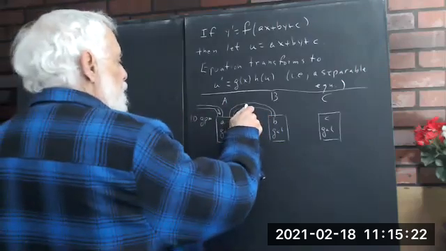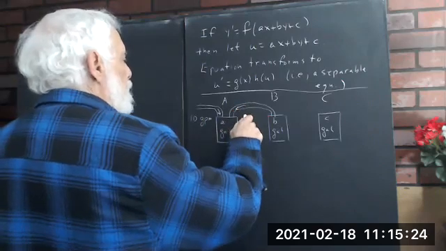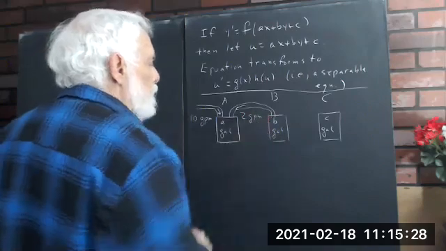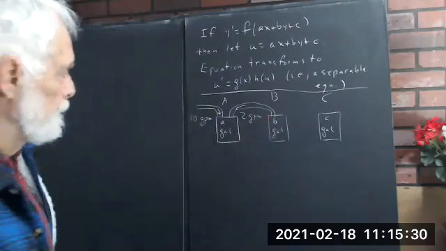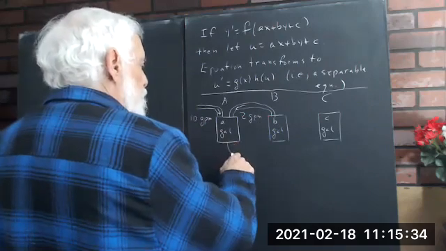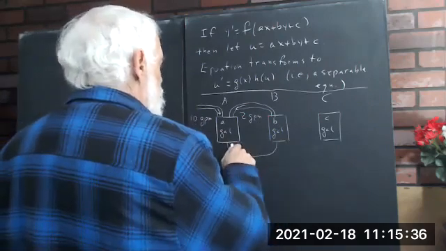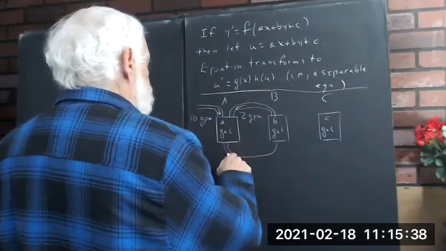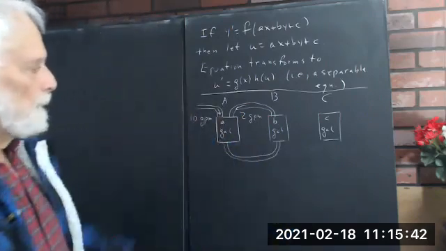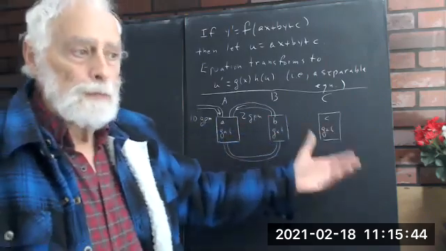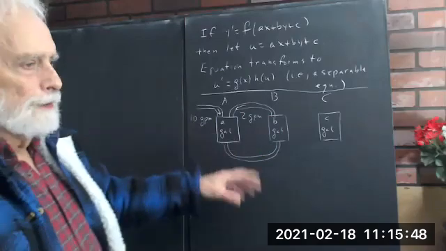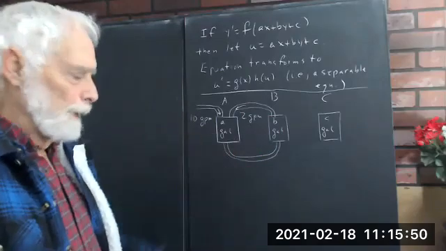From this tank, you're also pumping, let's say, 2 gallons per minute. Now we're going to keep this simple. We're going to assume all the tanks are full for right now. Now you have problems where not all the tanks are full, but let's just do this with full tanks.